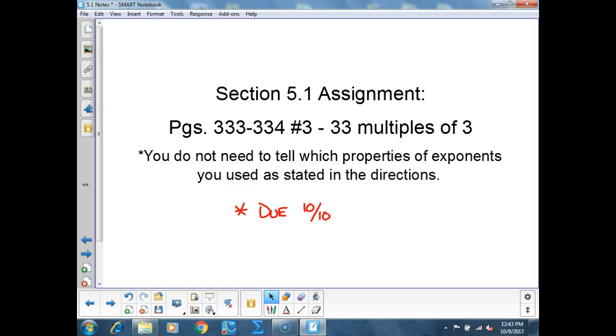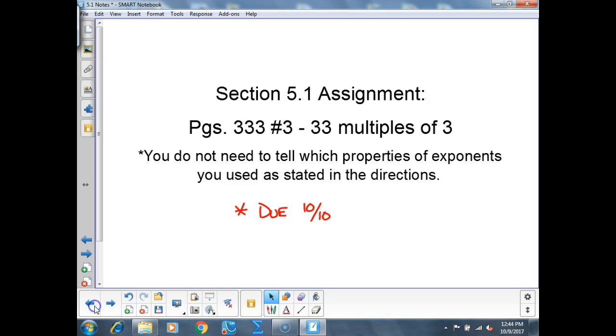I'm not so much concerned about you knowing that. You know, this property, what you did here was power to a power. You know that part. I want you to know how to do it, and I want that to just become second nature. Okay. So Macy said we did none of the problems on page 334, so we don't need to have page 334 in there. So this now is your assignment.